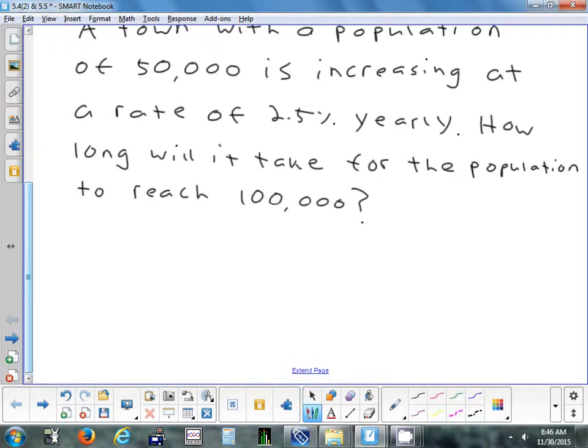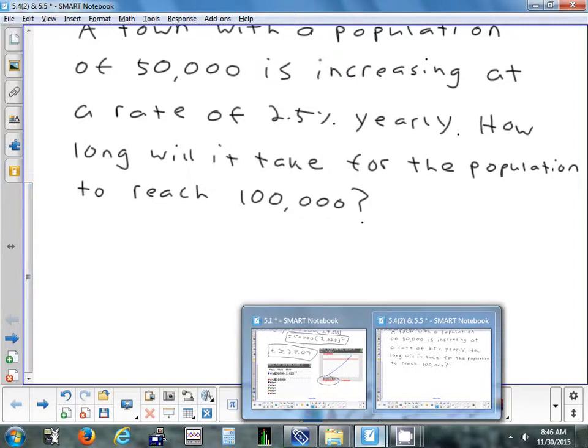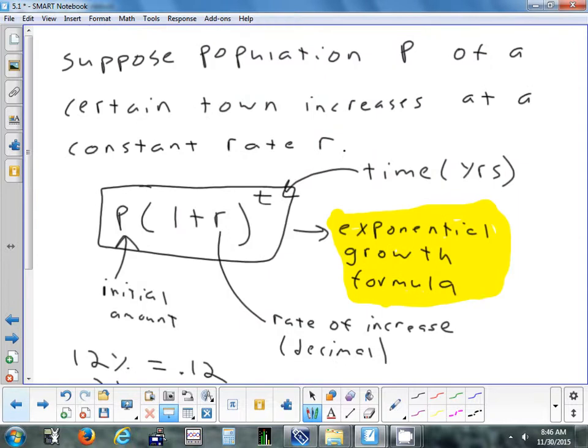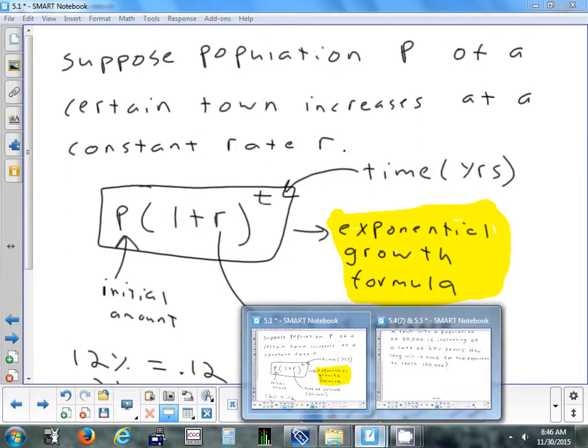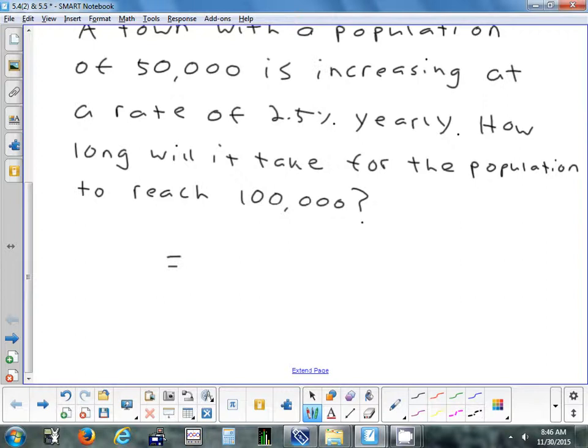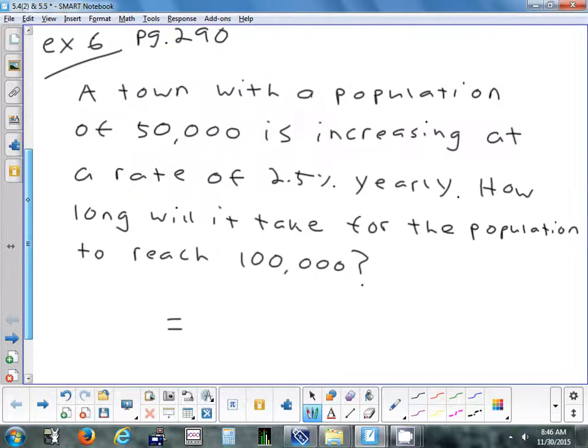All right, so first thing we want to do is just set up our equation we're going to solve. Okay, and that goes back to our exponential growth formula. All right, so it's our population times 1 plus r to the t. Okay, just make sure we change that rate to a decimal. All right, so we'll start with our initial population. Derek, what's my initial population? 50,000.